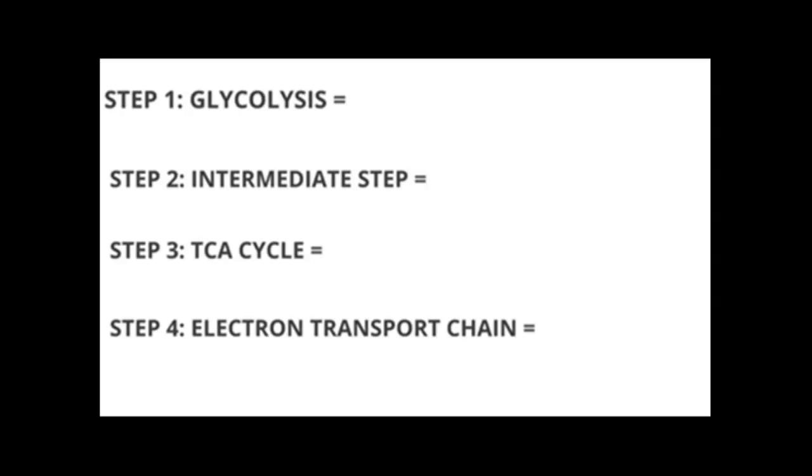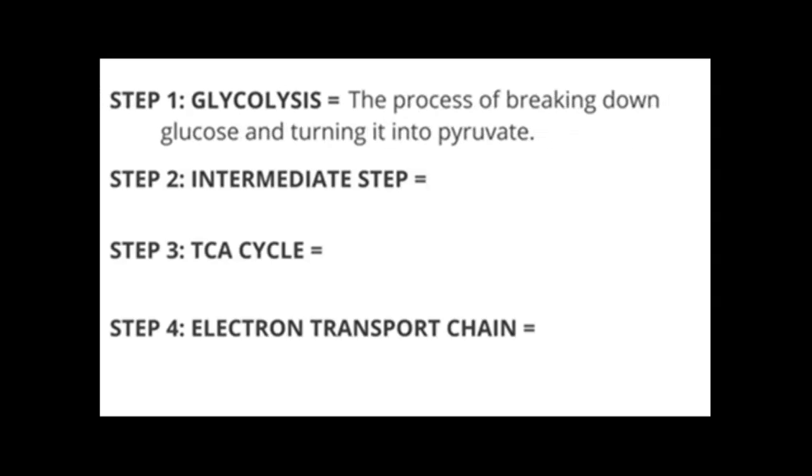Step 1 is going to be glycolysis. And glycolysis is the process of breaking down glucose and turning it into something called pyruvate. Step 2 is the intermediate step. This step is going to take that pyruvate and turn it into something else called acetyl-CoA. Step 3 will be the TCA cycle.